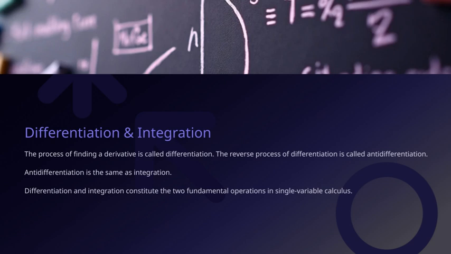This relationship between differentiation and integration is a key theme in calculus because it shows how these operations are interconnected. So, understanding both differentiation and integration helps us grasp how functions behave and how areas and accumulated quantities relate to rates of change. They are two sides of the same coin, providing a powerful framework for analyzing real-world problems.